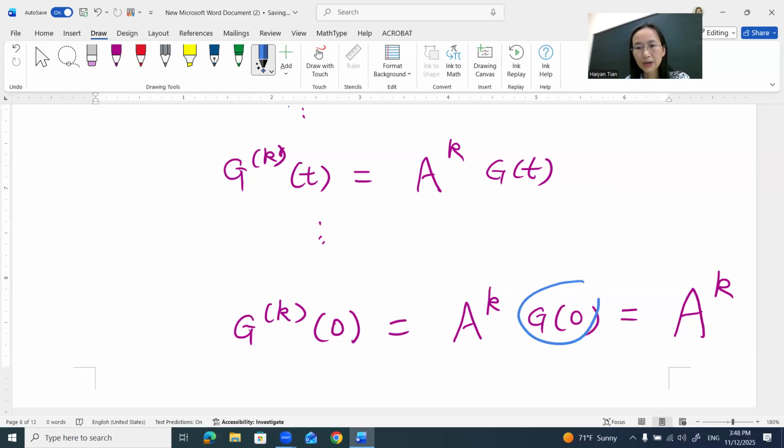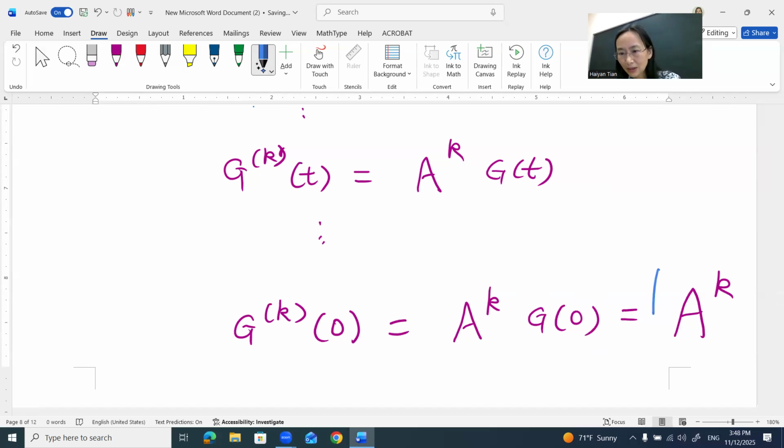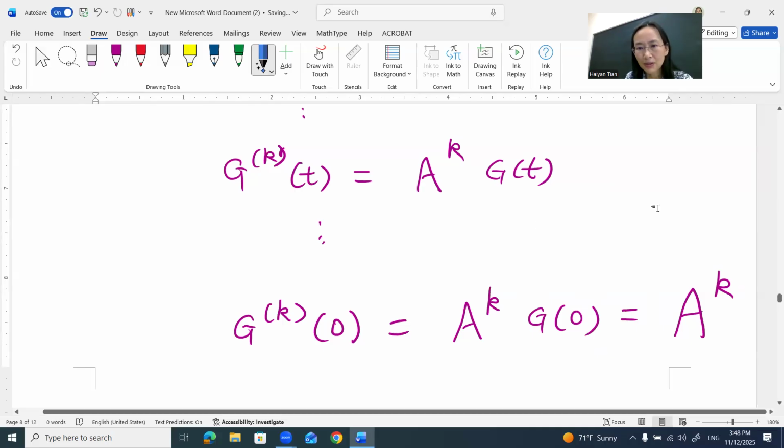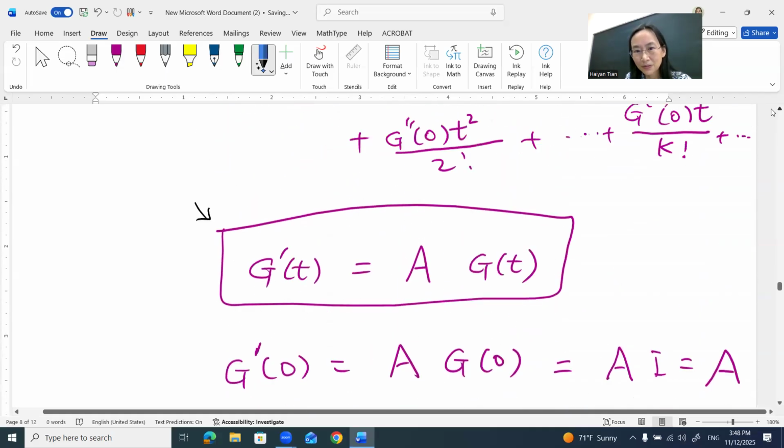Okay, now we are ready to use this. The important thing is we needed the K-th derivative of the fundamental matrix, and right now it is found to be A to the power K. Now we substitute this into that series form.